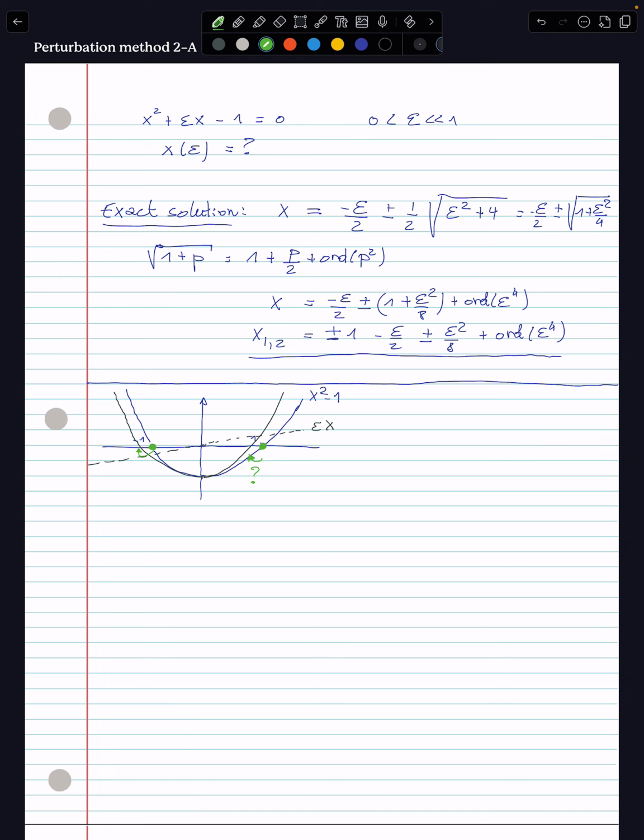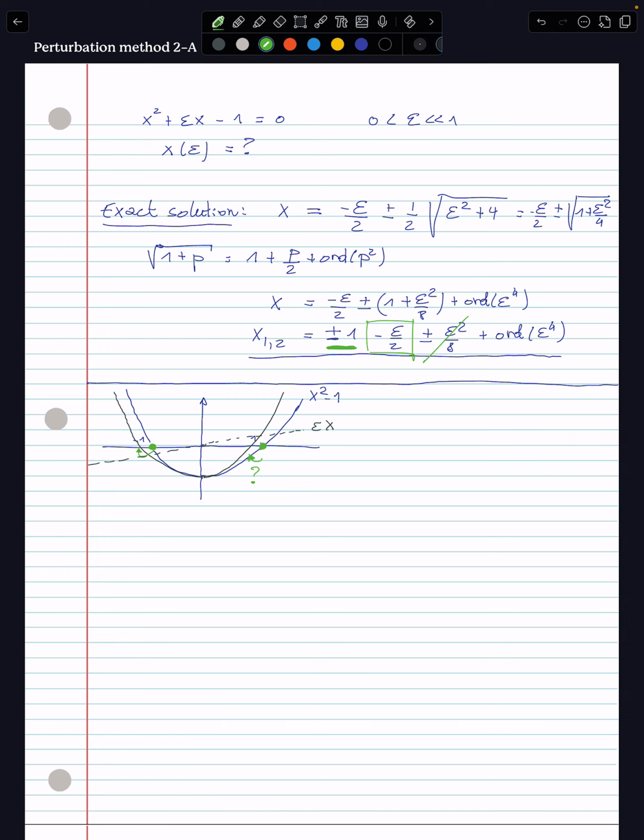And we see that we answered already quite well just by looking at the exact solution, because we see that the solution of the problem is ±1 minus epsilon over 2. So it means that if we decided to truncate the sequence after the first correction, so dropping terms in epsilon squared, we will go to the left by a quantity equal to epsilon over 2.